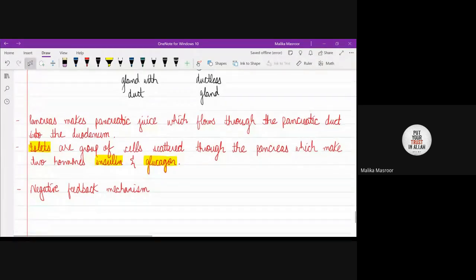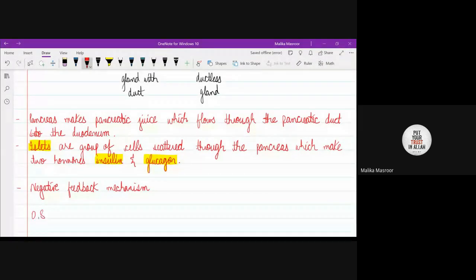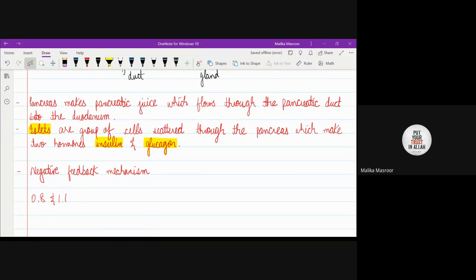Basically 0.8 to 1.1 milligram per centimeter cube is the range of your blood glucose concentration. This is basically your set point. You don't need to know the values, I'm just giving you a value. This is the set point for blood glucose concentration.